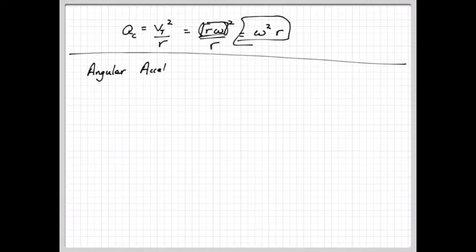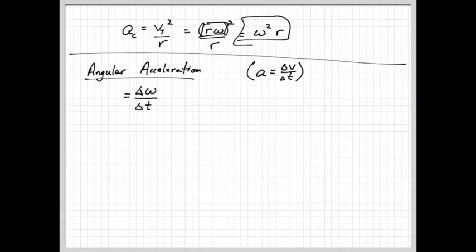Okay, and that extends even further to the next thing, which is your angular acceleration. We're going to define angular acceleration using the same steps we used to develop regular acceleration. Regular acceleration was the change in velocity over time, so it stands that the angular acceleration should be a change in angular velocity over time.